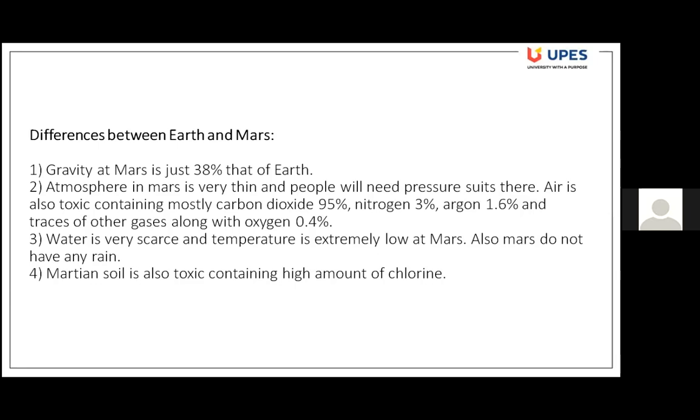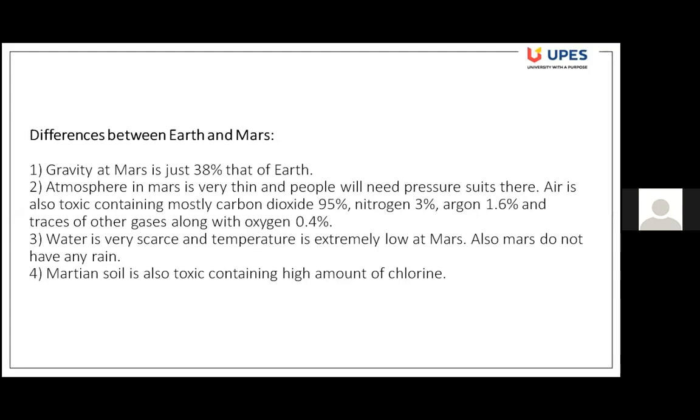The second point is that the Martian atmosphere is also very thin compared to Earth's, and hence the atmospheric pressure is very low, about 6.518 millibars on Mars compared to 1.01325 bars on Earth. So there will be a need for pressurized suits for astronauts when they go there for further studies.